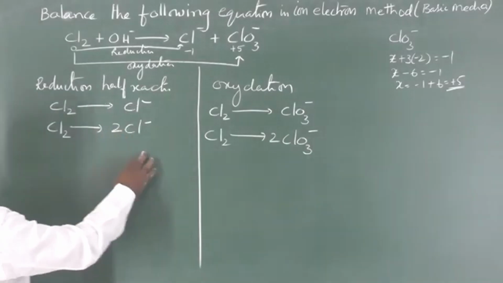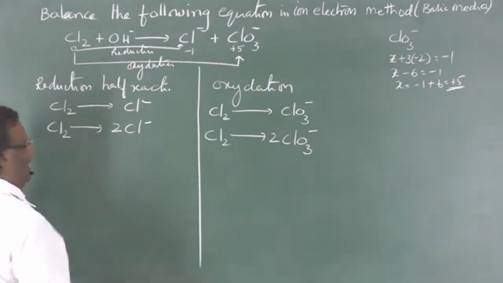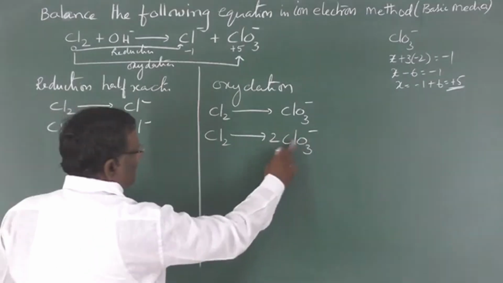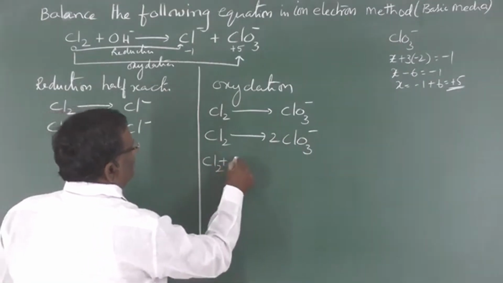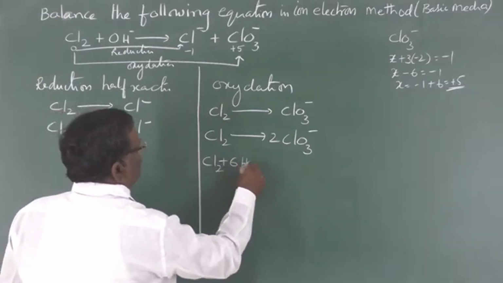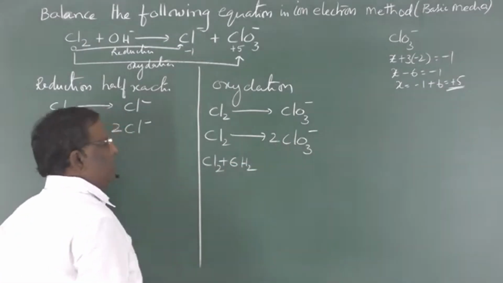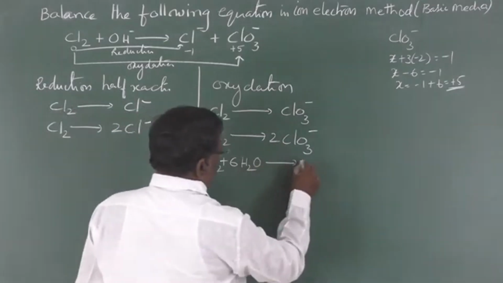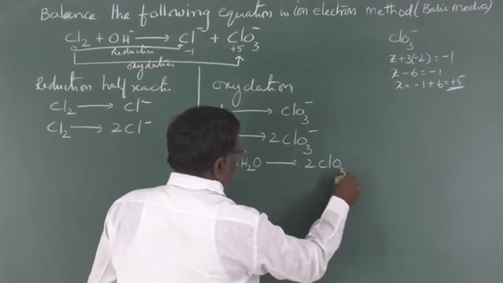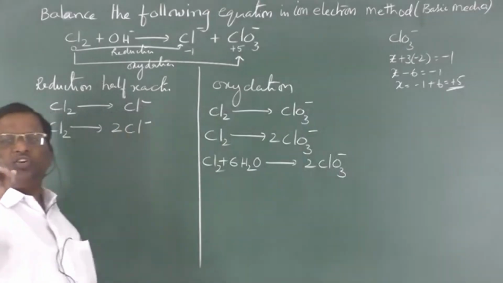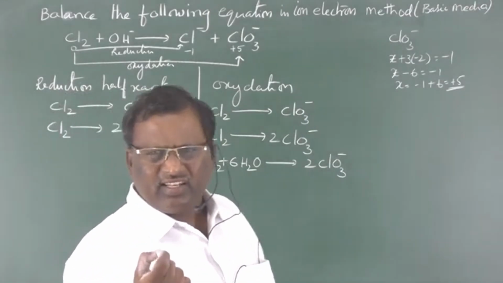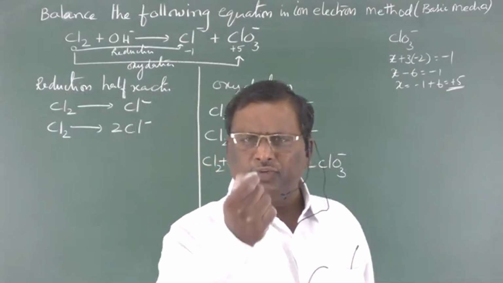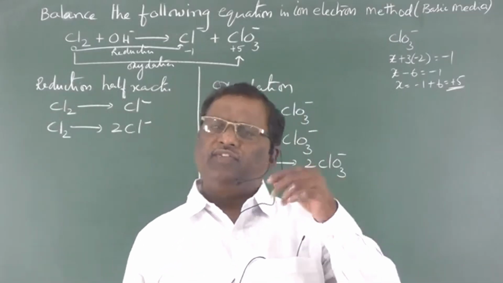Then balance oxygens. Here 6 oxygens are there, so Cl2 plus 6 H2O, because oxygens are balanced by adding H2O. Now the question is how to balance hydrogens, because it is a little bit difficult and confusing part.